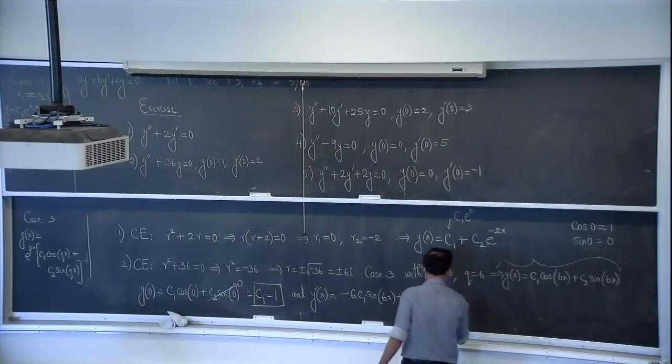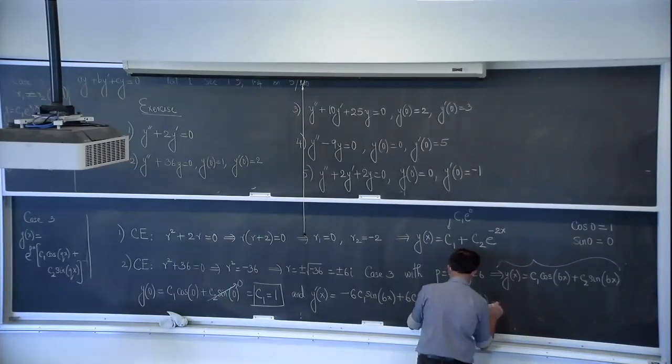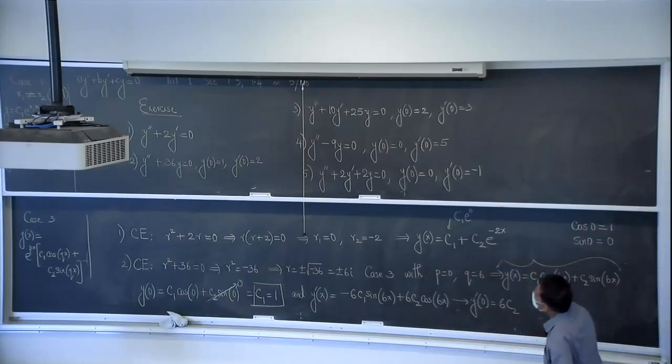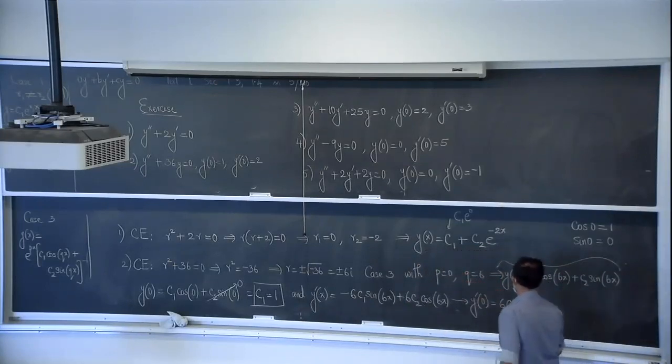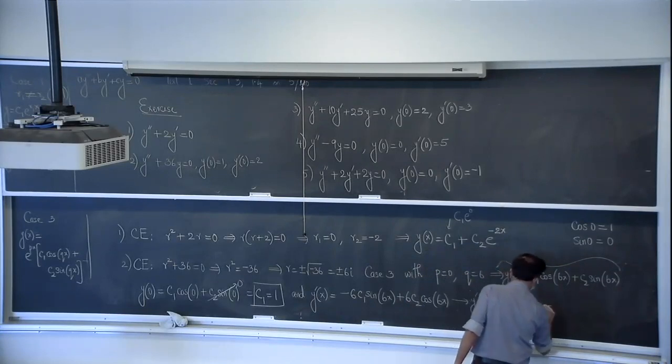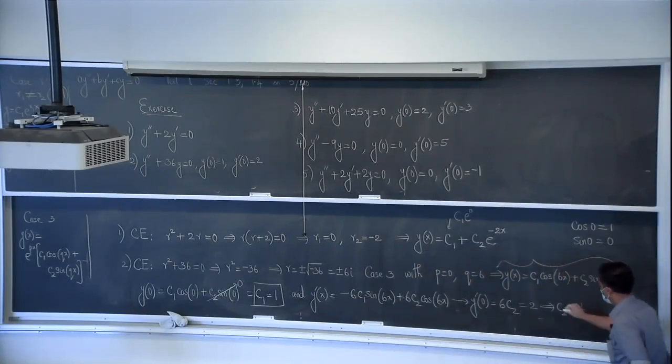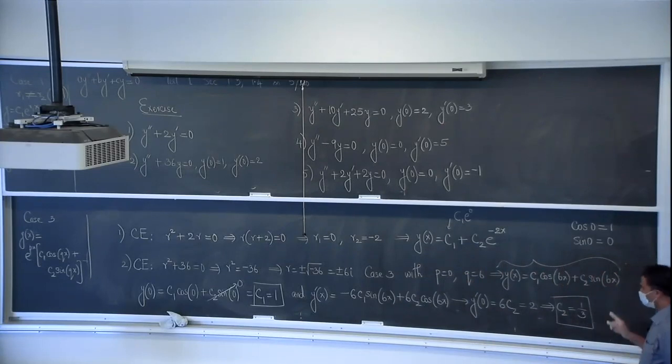If you put in y prime of 0, you get 6 times C2, again because sine of 0 is 0 and cosine of 0 is 1. I gave you that equal to 2. So C2 equals 2/6 or 1/3. Now we have a unique solution for that particular set of conditions given to you.